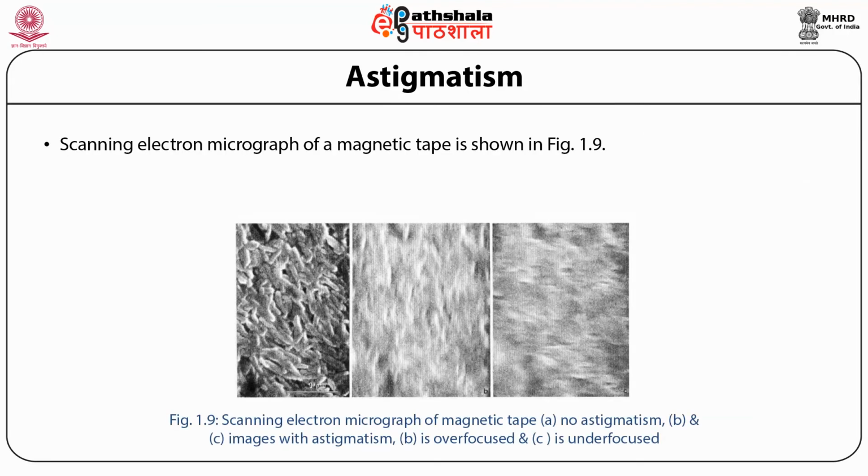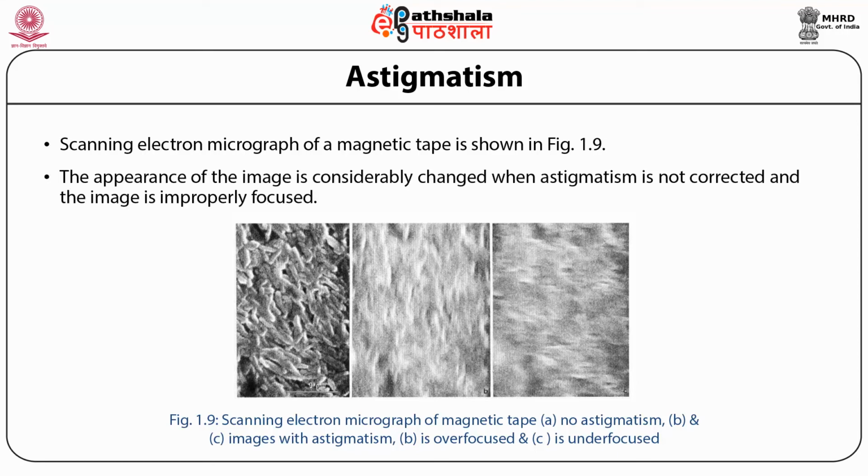Scanning electron micrograph of a magnetic tape is shown in figure 1.9. The appearance of the image is considerably changed when astigmatism is not corrected and the image is improperly focused. Figure 1.9 shows the scanning electron micrograph of a magnetic tape.